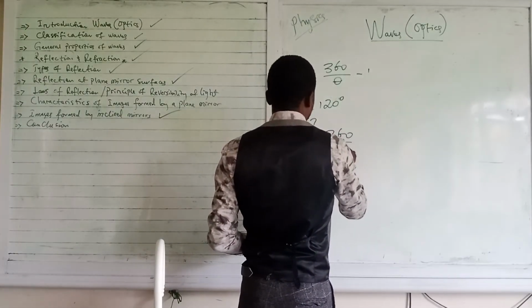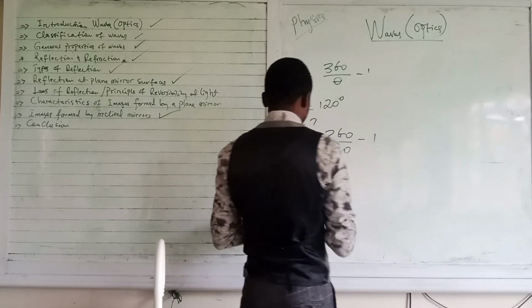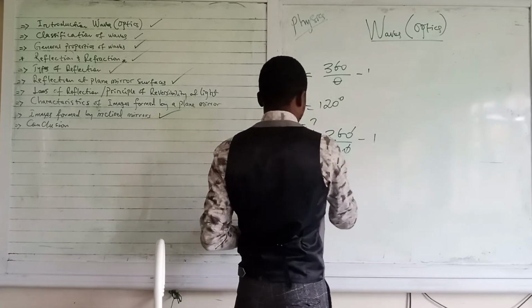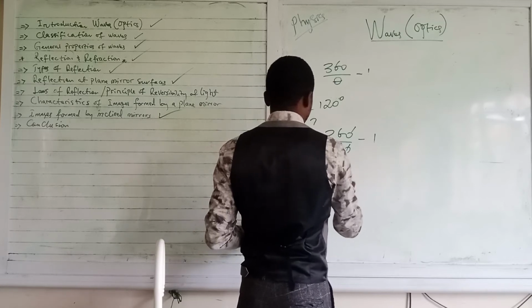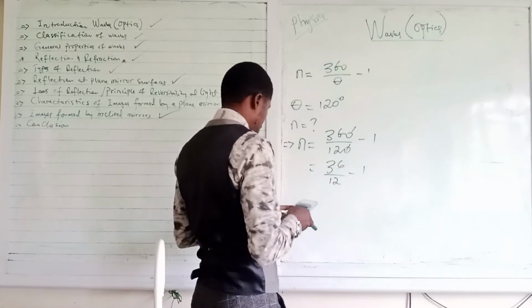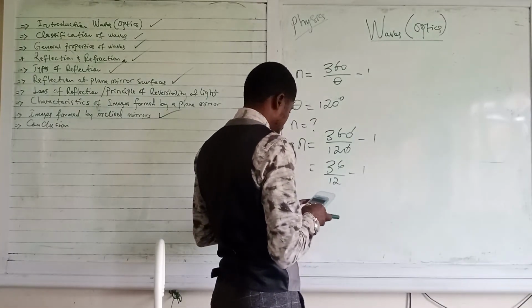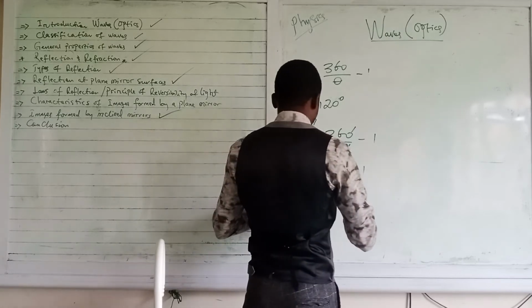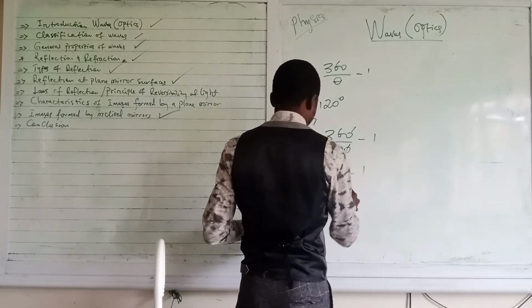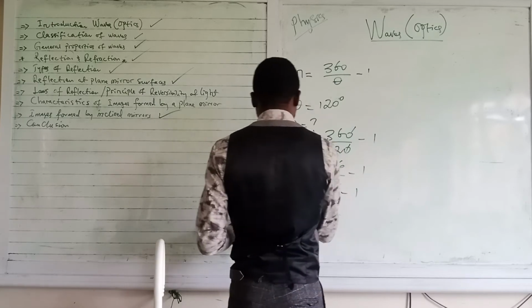360 divided by 120 minus 1. This will go, you have 36 divided by 12 minus 1. Do that correctly, what do you have? We have 3 minus 1, and your n is equal to what? 2.